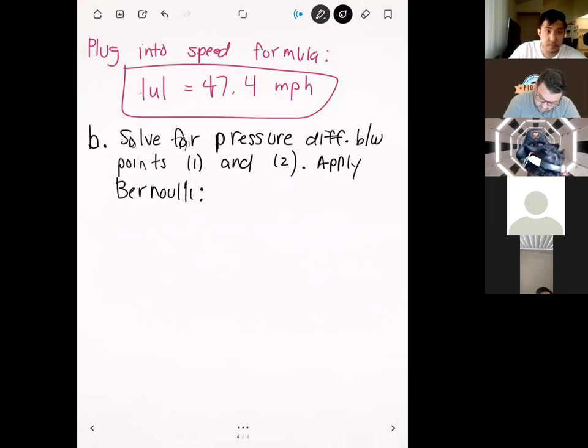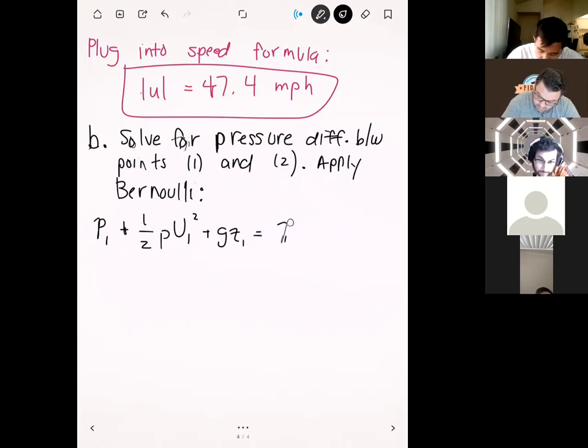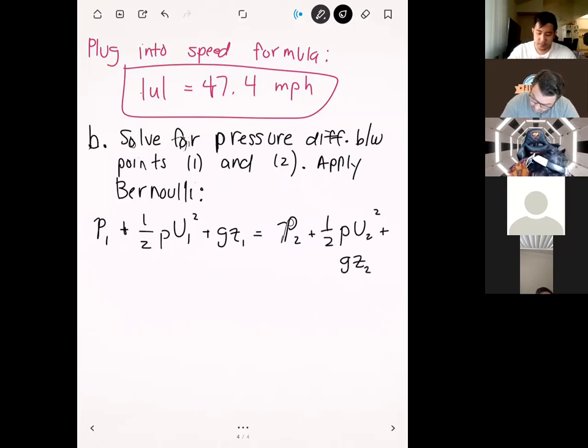So we can have the Bernoulli sum at point 1, okay? So that's going to be P1 plus 1/2 rho U1 squared plus g Z1 is equal to P2 plus 1/2 rho U2 squared plus g Z2, okay?